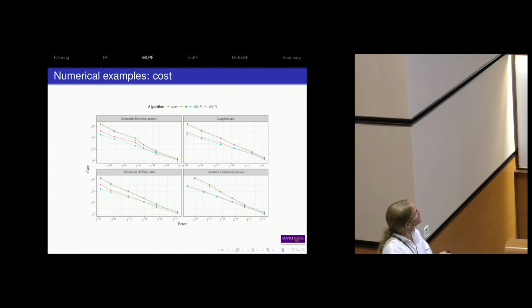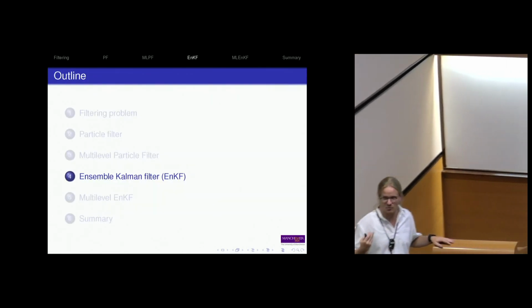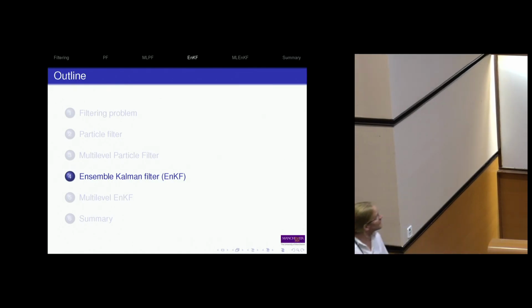And this has been corrected, so it's cost versus error here. For these cases with non-constant diffusion, even all the way down to 2 to the minus 28, the difference is not enormous. Quite a bit better here. And if we can get that rate half robustly, then it will be much better.